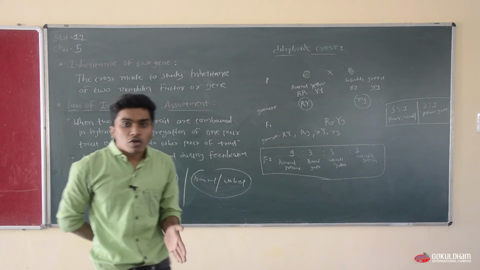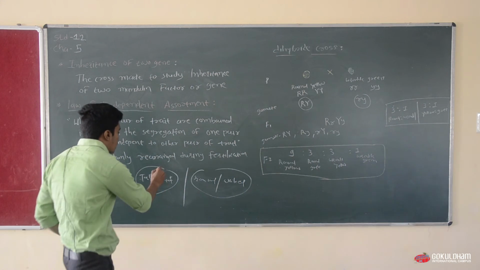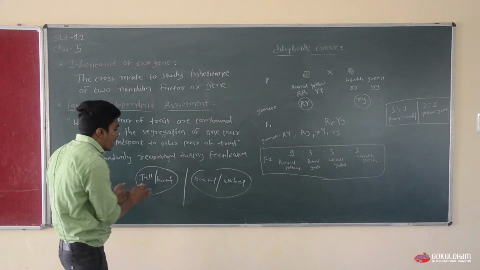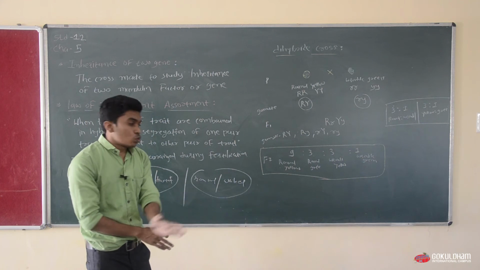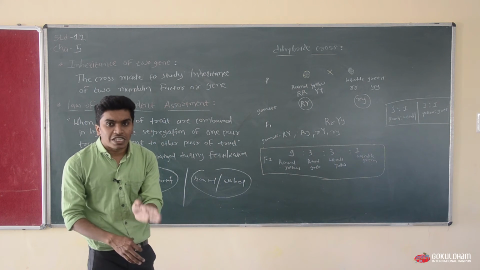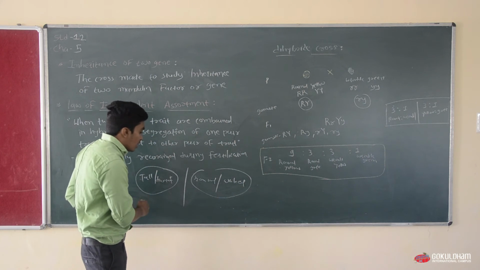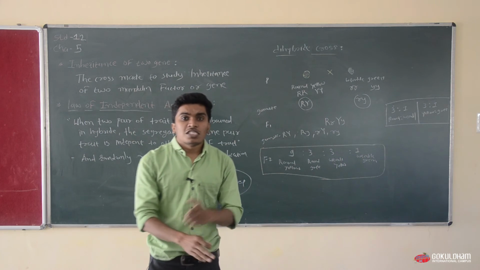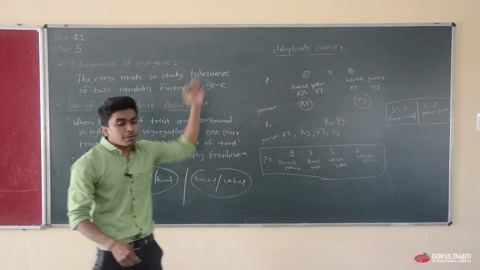This law is known as independent assortment, which simply states that the alleles for two characters or traits segregate independently of each other during gamete formation, and during fertilization they rearrange in new combinations. Let's see this in the dihybrid cross.